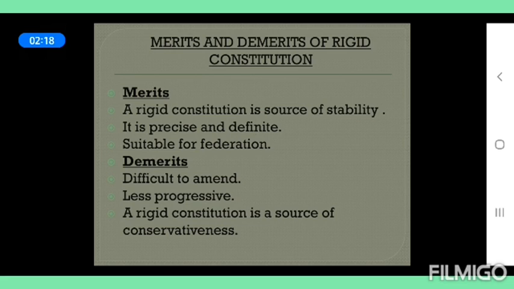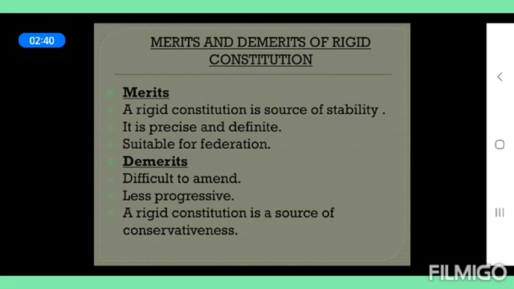Now next are the demerits of the rigid constitution. Number 1, it is very difficult to amend. That means it cannot be amended easily, students. To amend it, there is a special procedure.